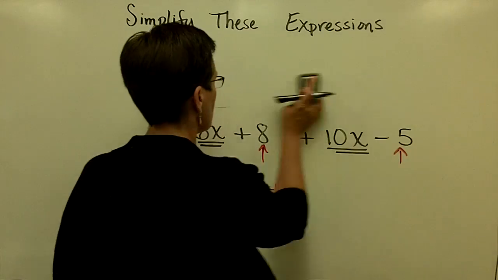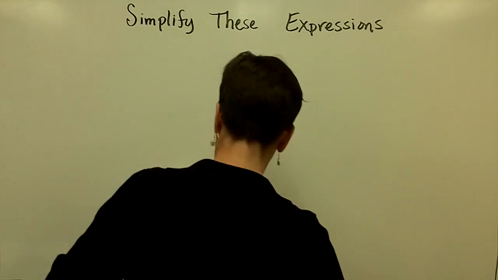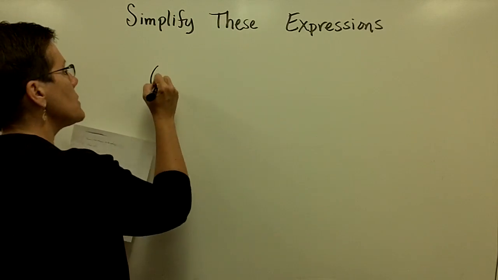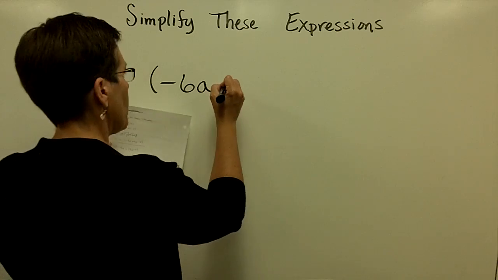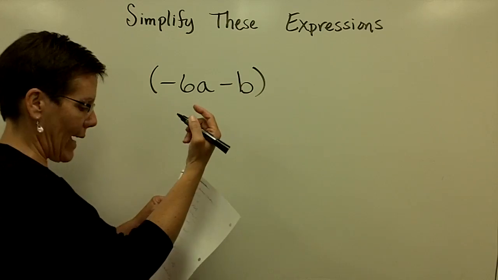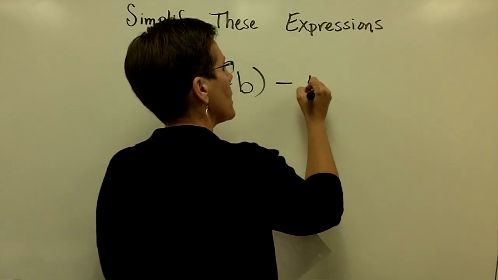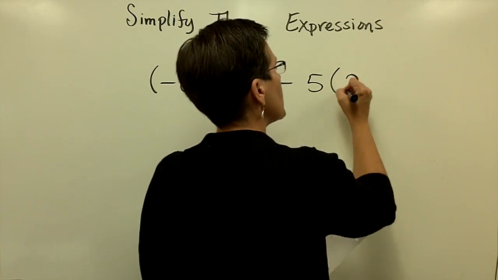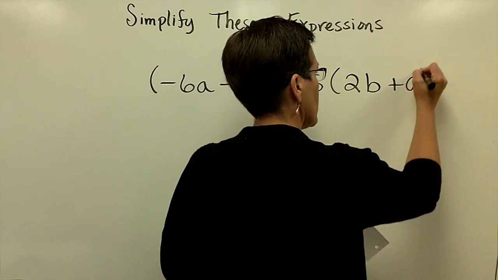Let's look at something with some grouping symbols. It's got some parentheses. Sometimes we will put, this is called a binomial in front because it's got two terms, therefore the word bi. And I want to subtract 5 times this binomial.